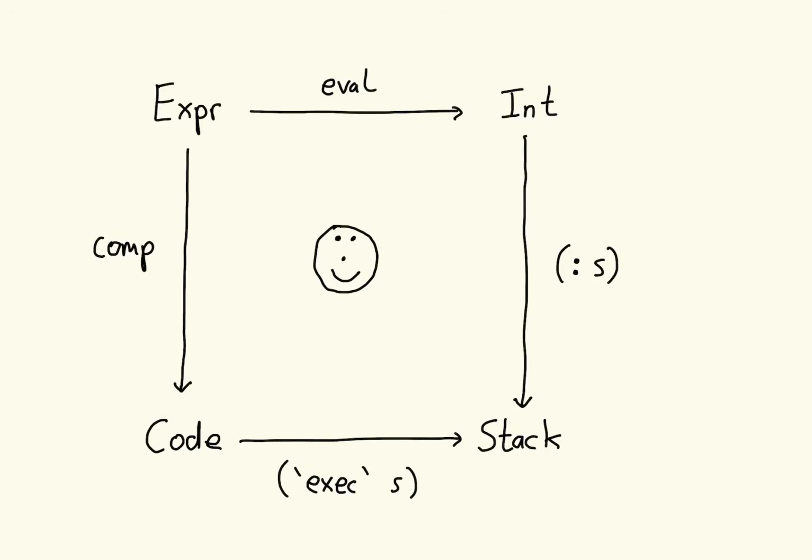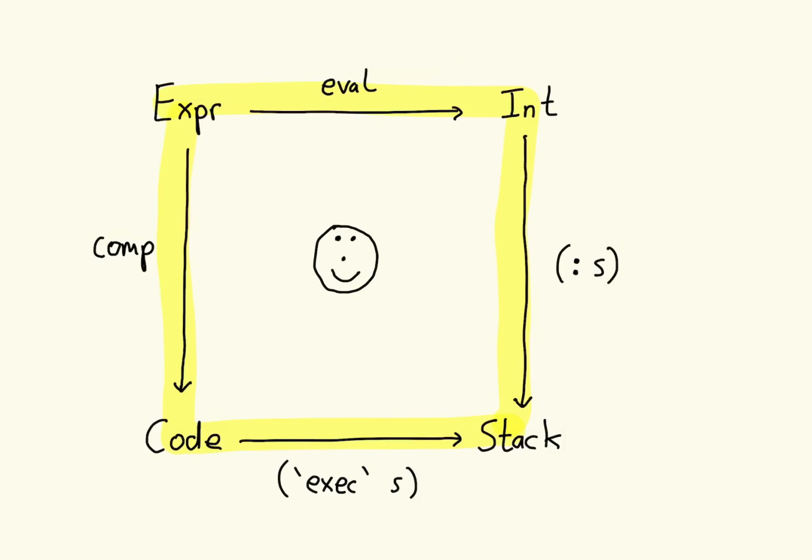Well, what it means is if you take an expression and you evaluate it to get an integer, and then you put that integer on to the stack s to give a final stack, then that should give the same result as compiling the expression to give some code and then executing that code in the initial stack s. So for this square to commute means that these two paths, one going round this way and the other one going round this way, should always give the same result.